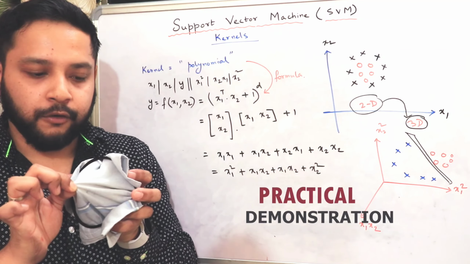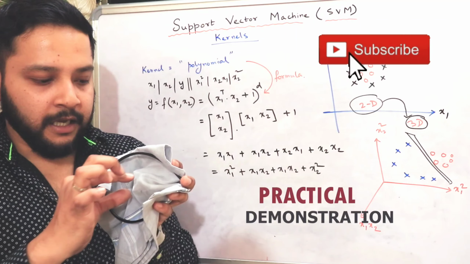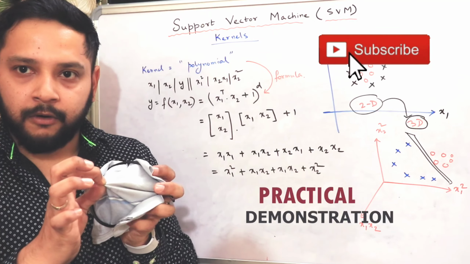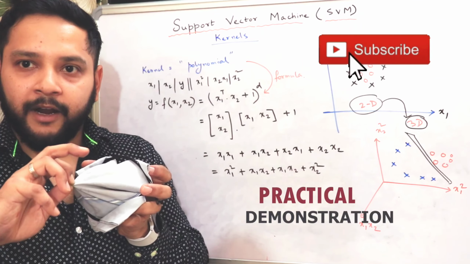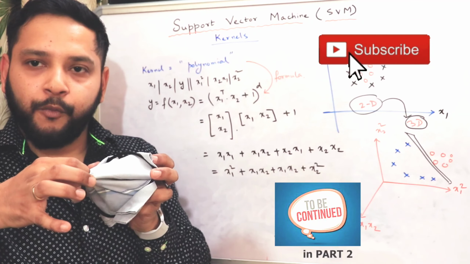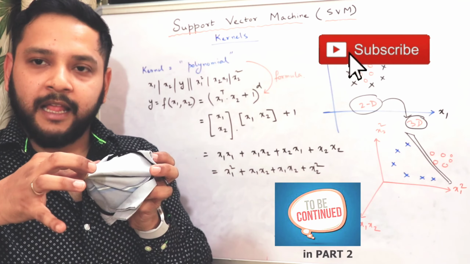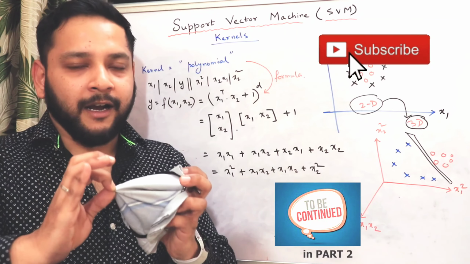From 2D, here it is 2D, we are not able to classify it, so we are taking it to higher dimension so it can classify. Now you will find the black point here and the blue point in higher dimension, and thus we are able to classify using polynomial kernel function.